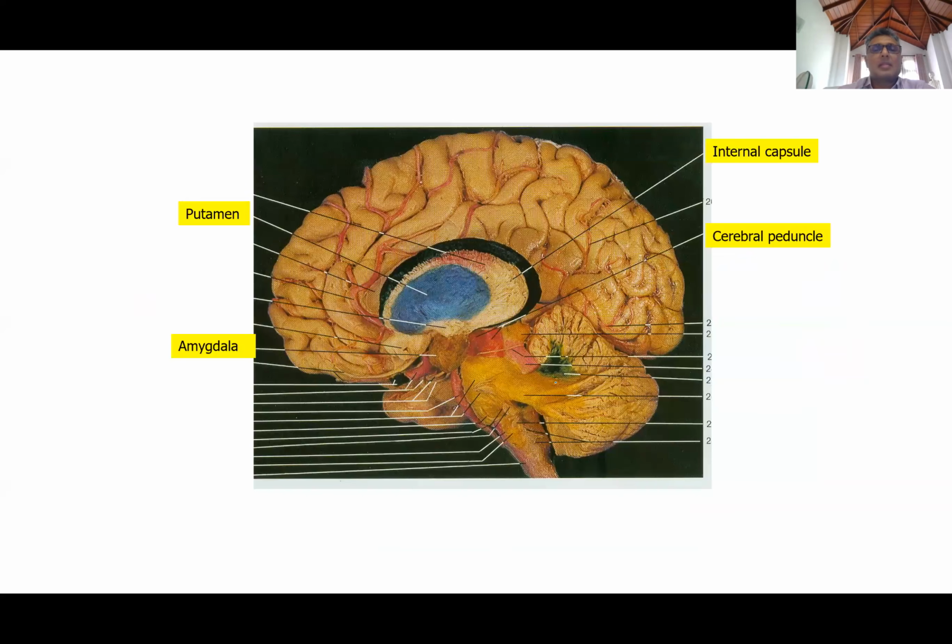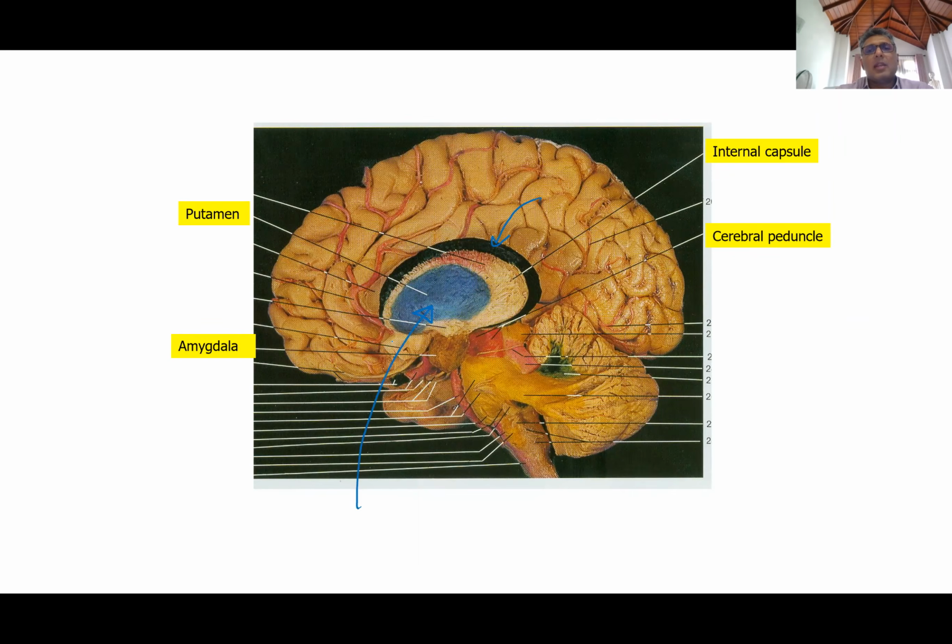Here is another example of the internal capsule. So this is the internal capsule. You get the thalamus in black here, and this is a basal ganglion nucleus, called the lentiform nucleus. We'll get back to it.